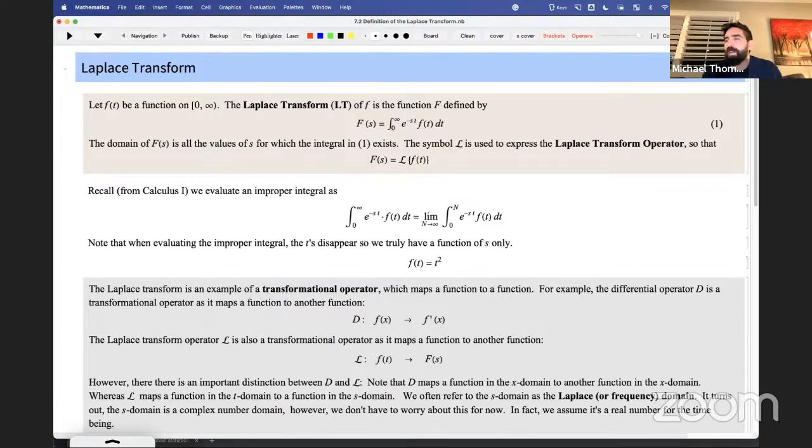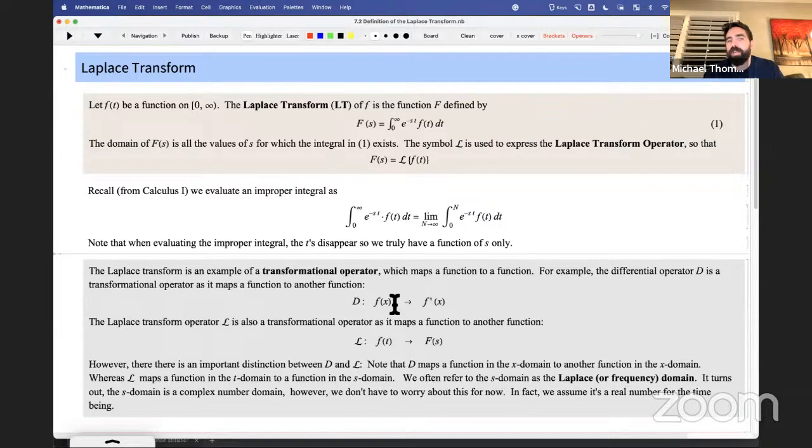So the functions we've been working with since algebra, you pump in a real number and then it outputs a real number, right? But the Laplace operator is a completely different type of animal, because what it does is it takes in an entire function and maps it or transforms it to another entire function.